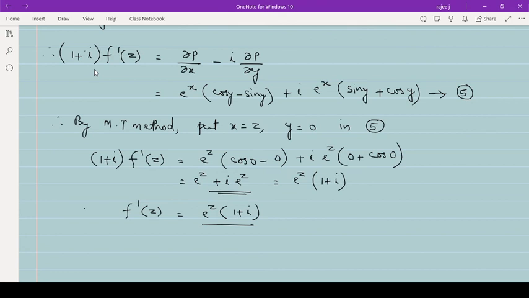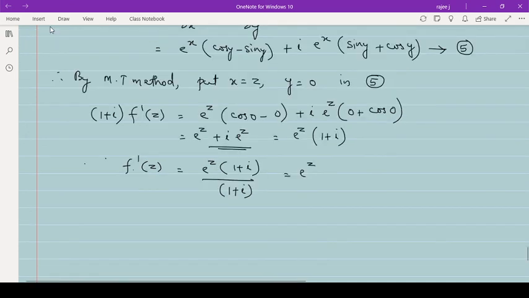So f'(z) is equal to e^z. Therefore f(z) is the integral of f'(z), integrating both sides. The integral of f'(z) dz is equal to the integral of e^z dz, which is e^z + c. So the answer is f(z) equal to e^z.